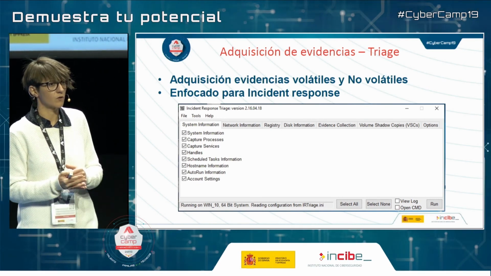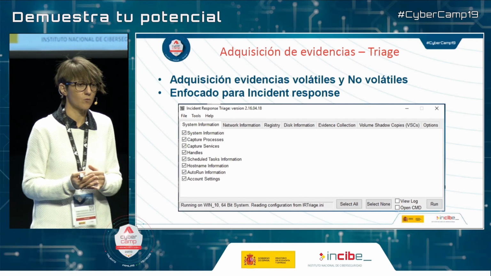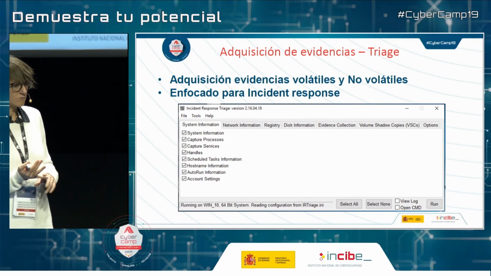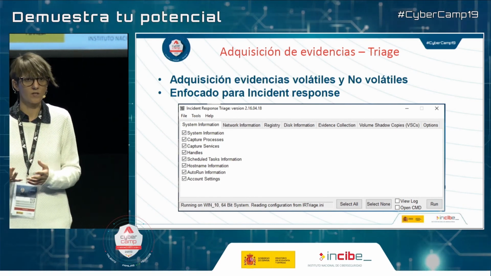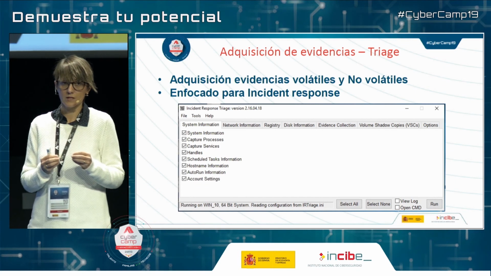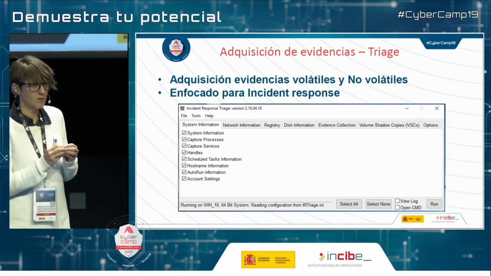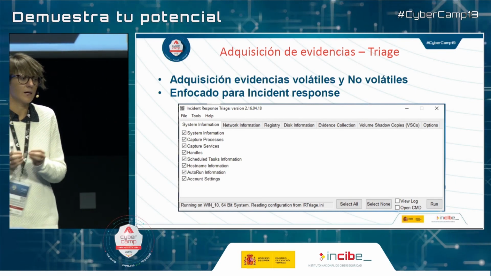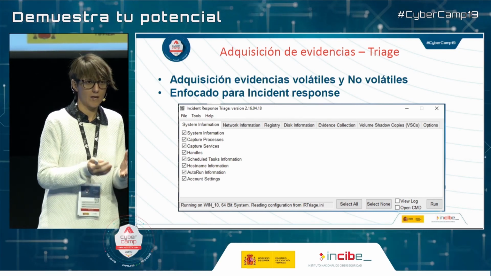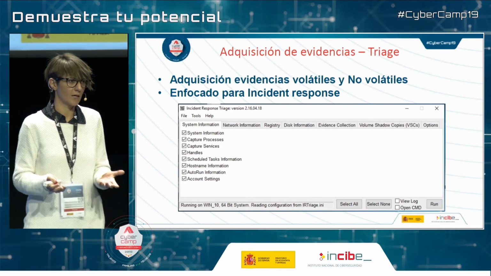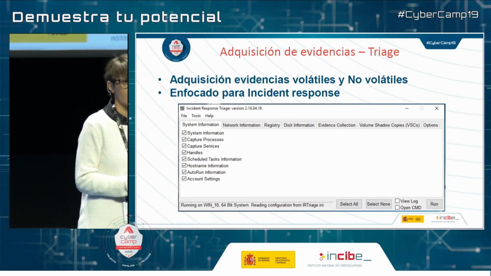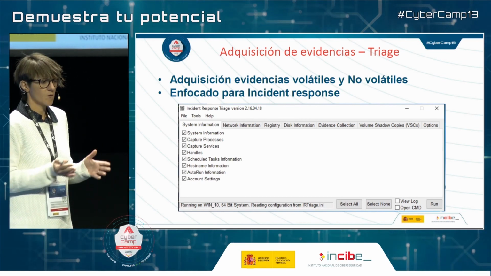It will also acquire the RAM, the system logs, as we were saying, security copies, prefetching, which is something that we always analyze in forensics. So it's going to gather all the elements that are fundamental for forensic analysis, and this is much quicker than cloning the whole drive. It's faster and it takes up less space, because this is going to take up at least as much space as the RAM.